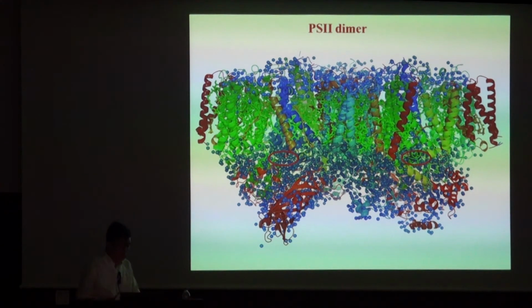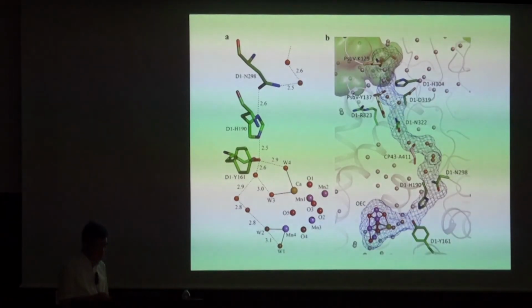So there must be some proton channel to transfer protons out of this region, and this proton channel must be hydrogen bonding networks formed by amino acid residues and water molecules.